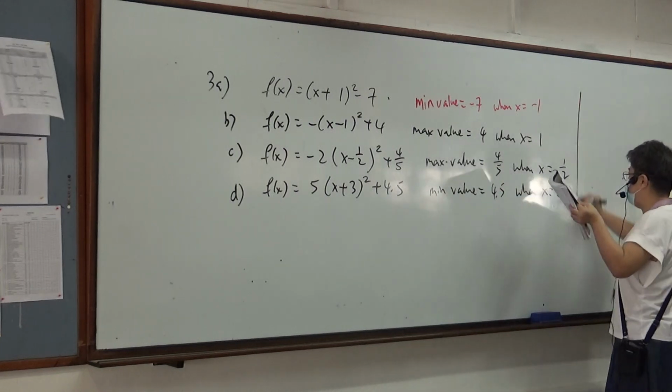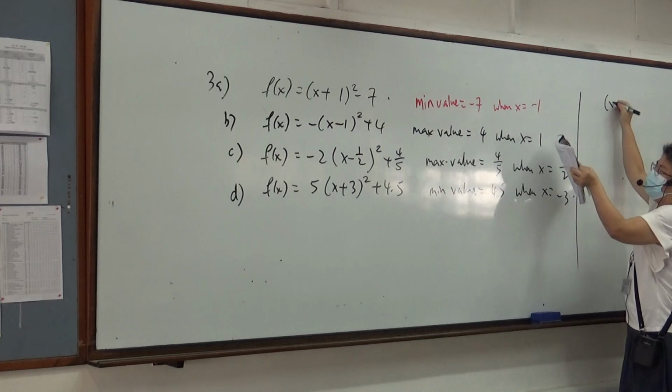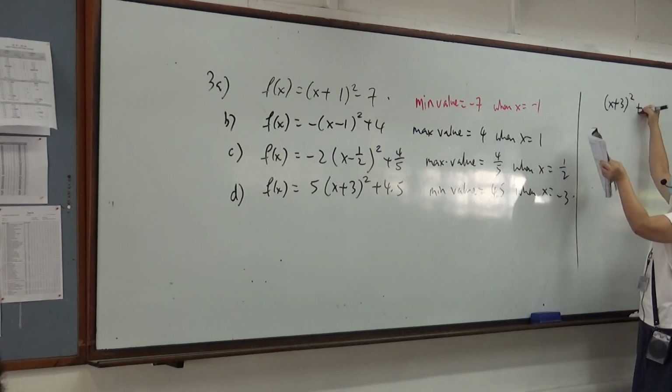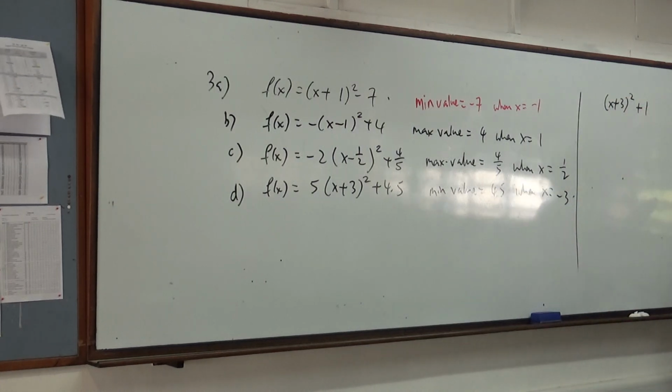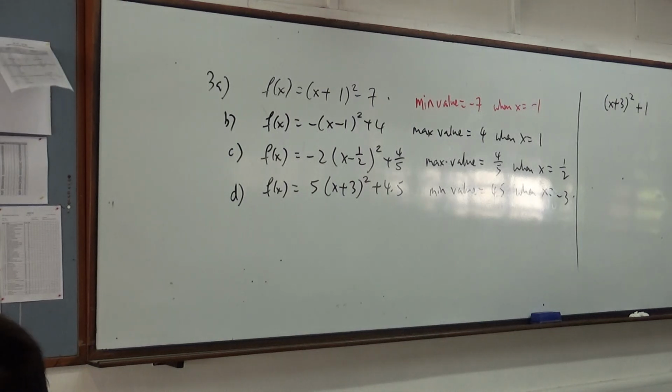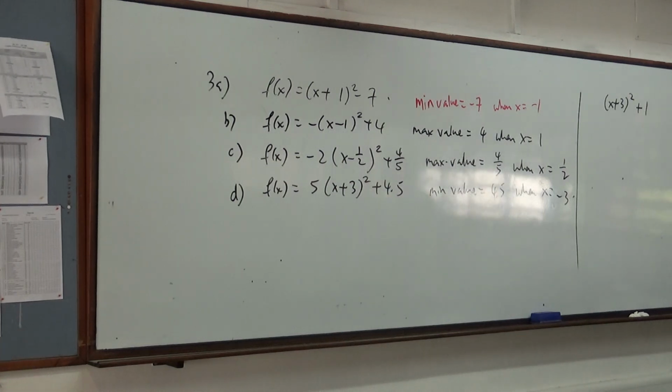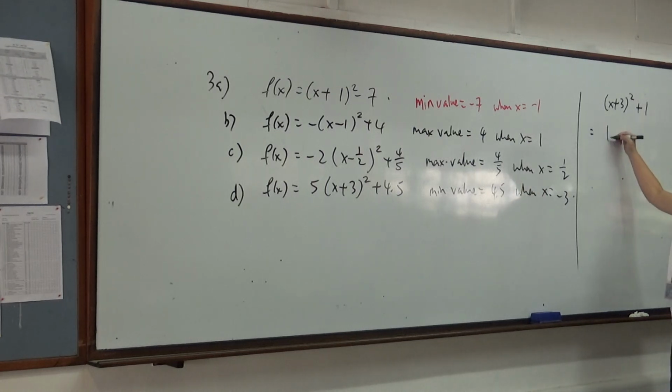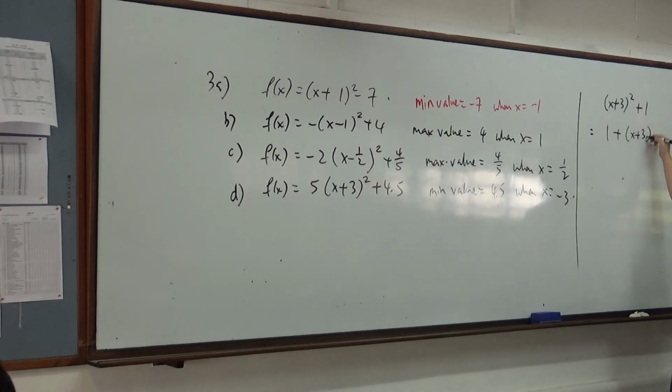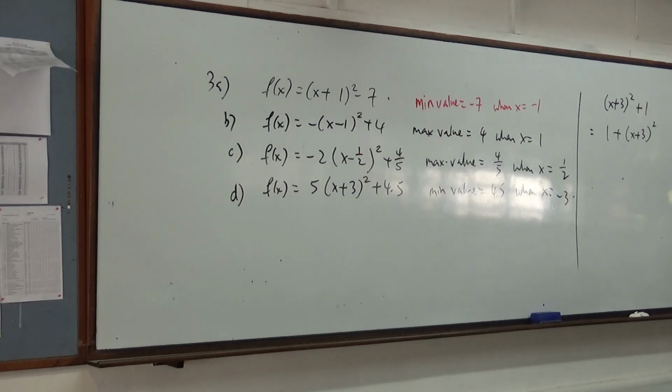They want to explain why this is positive for all real values of x. Positive means it must be a positive number, right? Yes or no? Okay, now I want to rewrite this. Is it okay if I rewrite this?